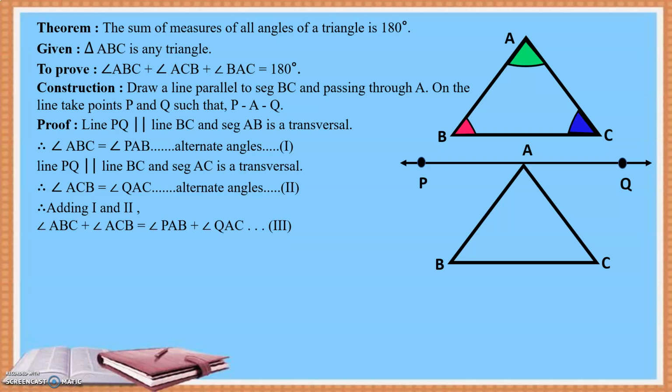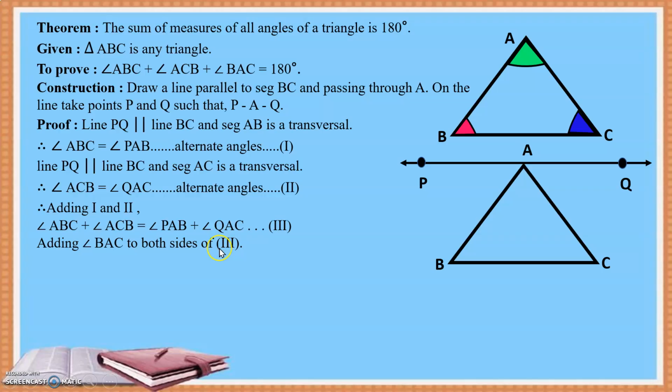Now, out of this, we have got angle ABC and angle ACB. Now, we need the third angle, that is BAC, this angle. So in the next step we have to add angle BAC on both the sides of this. So see what will happen.